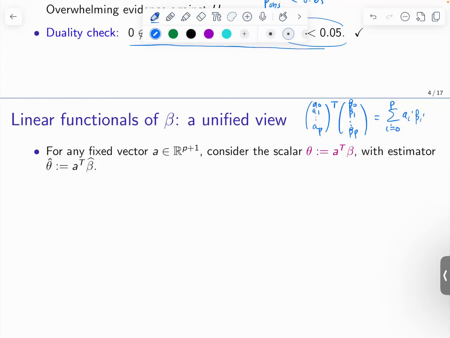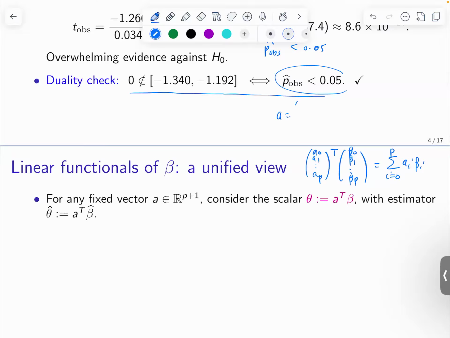and this defines a new parameter. For example, if I pick A to be just 0, 0, 1, 0, 0, 0, then A transpose beta selects one of the elements. Let's say the first one is beta 0, the second is beta 1, this would be beta 2.